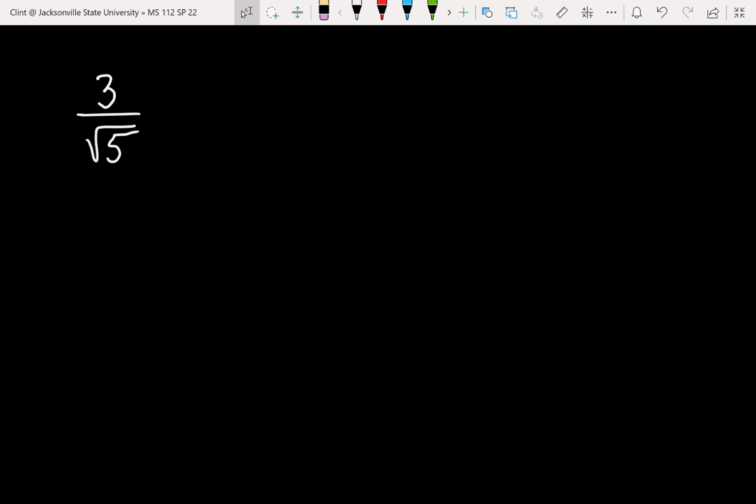So I need to multiply by something so I don't end up with the square root anymore. One way I can do that is to multiply by square root of 5. And if we're doing that to the bottom, we need to do the top as well. So, because we don't want to change the value here, we could multiply by square root of 5 over square root of 5.